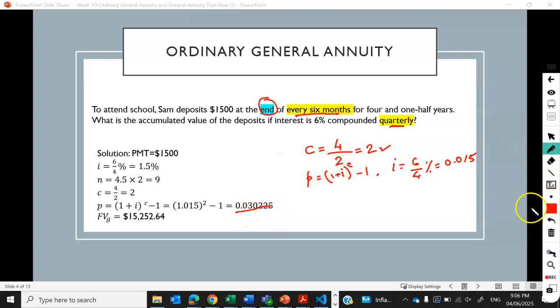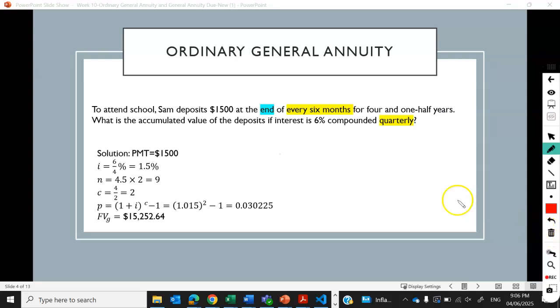Make sure you calculate the P value to 6 decimal places at least. If N is very large, you need to calculate the P value to even more decimal places, like 8. So it's always a good idea to calculate the P value to 6 to 8 decimal places.